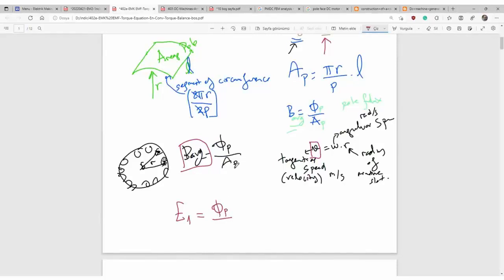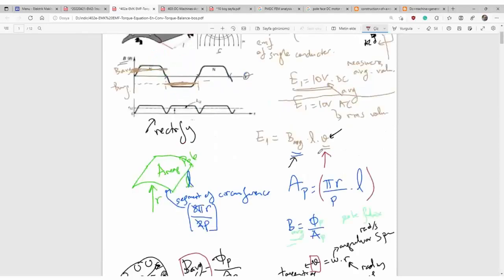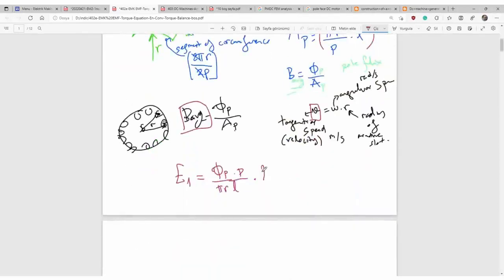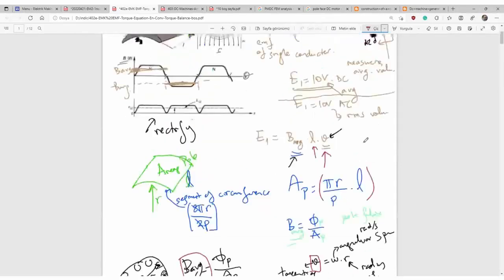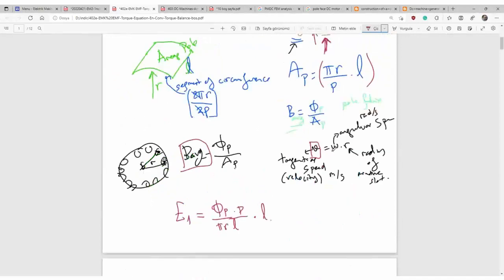Cross-section area is here, pi r L over number of pole pairs, times L here, and then here's the velocity, and then let's define W R, angular speed times radius of the armature.